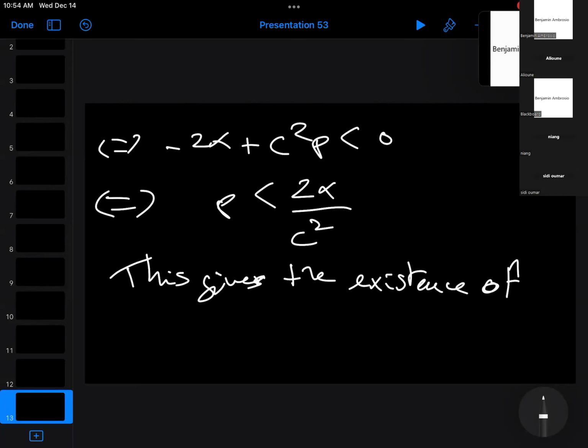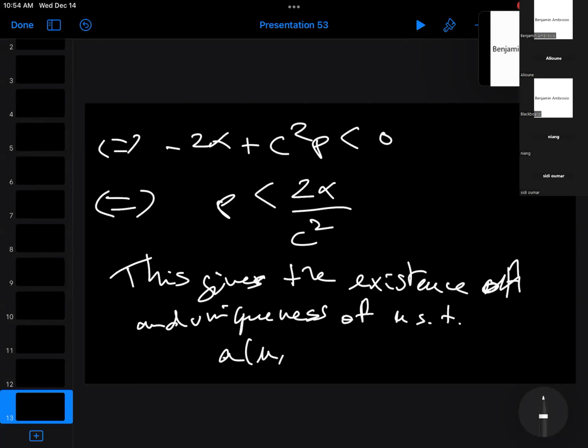So uniqueness of U such that A U, V minus U is more than phi of V minus U. And this proves the theorem.